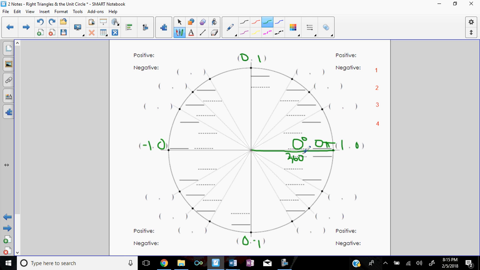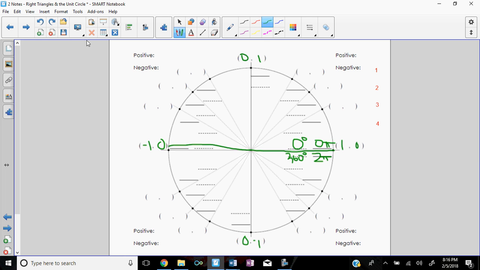And if we think about the circumference of a circle, it would also correspond to 2 pi radians.